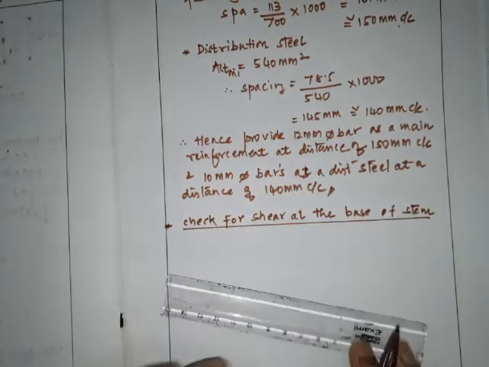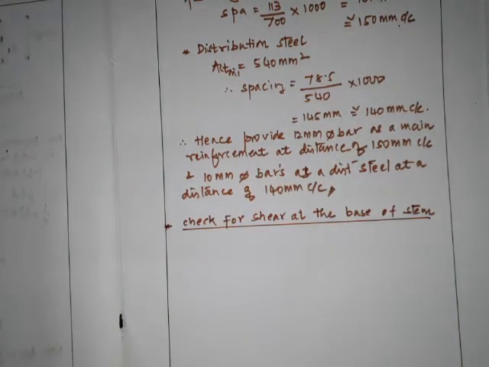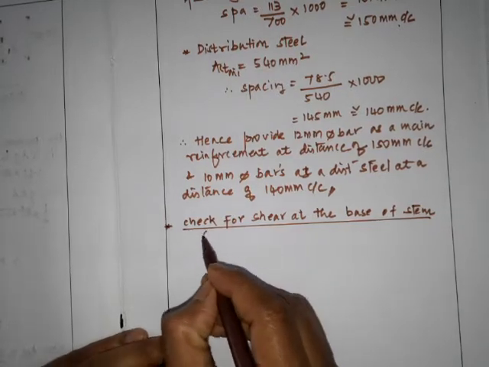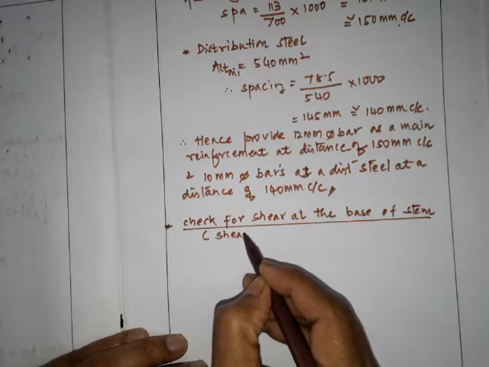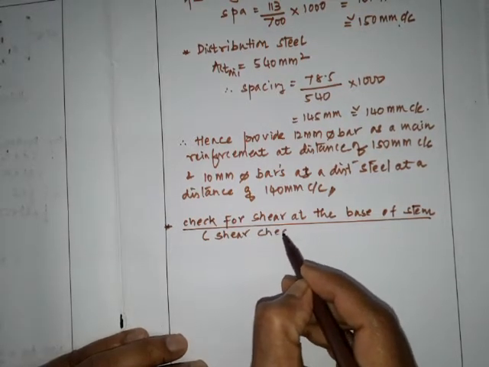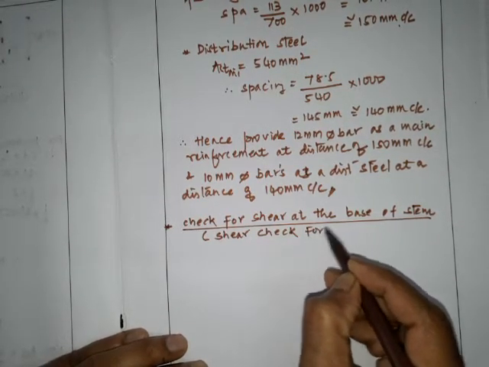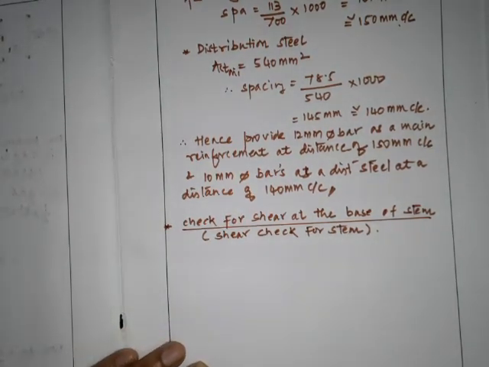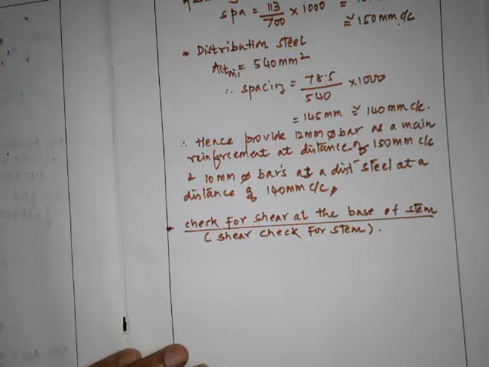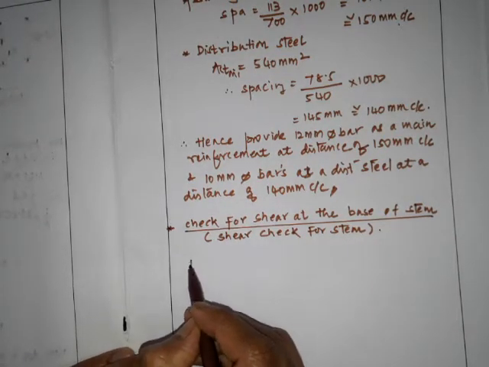So before design of heel slab, please remember you have to finish up this. Or I can write shear check for stem, or you can write like this, shear check for stem. Okay.